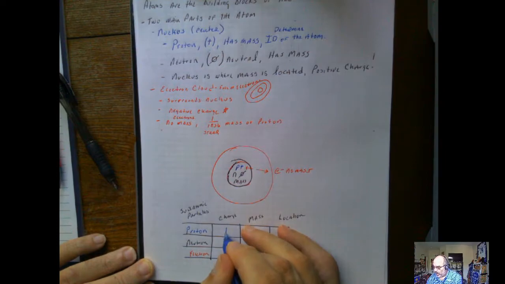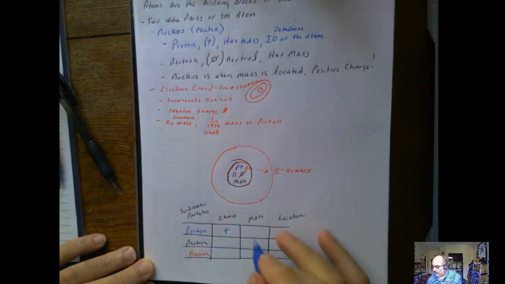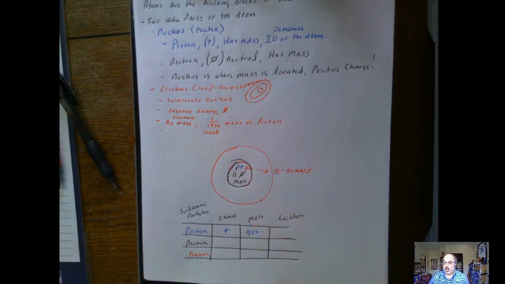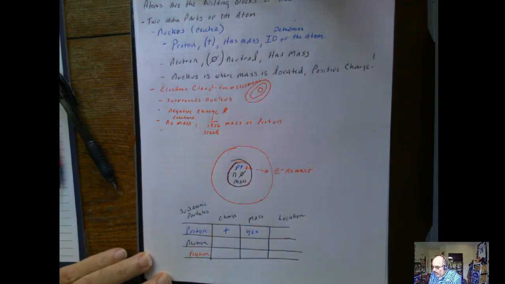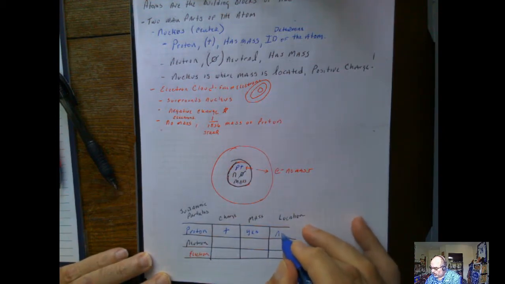Correct, it is positive, and you can use a symbol. Does it have mass? You betcha. And remember that the mass is the identity of the element. If the number of protons changed, and we can't do that, nature does that. Nature makes the atoms with a specific and unchangeable number of protons. And the location is in the nucleus.